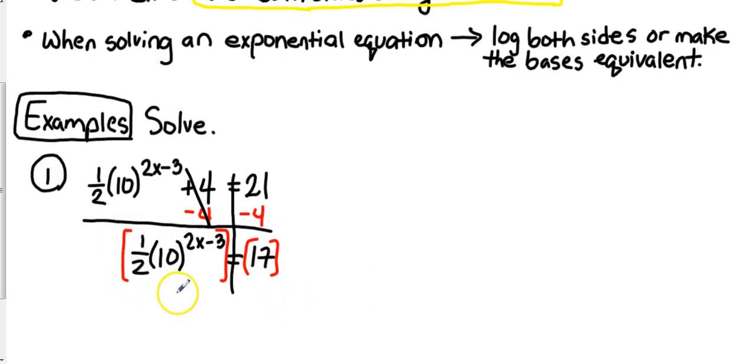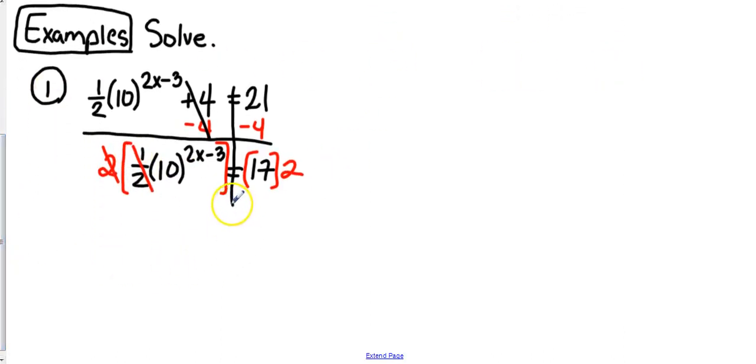Well, I know the reciprocal of 1/2 is 2, so I can multiply both sides by 2, and that's super helpful because any number times its reciprocal is 1, so that cancels. That leaves behind 10 to the 2x minus 3 equals 17 times 2, 34.